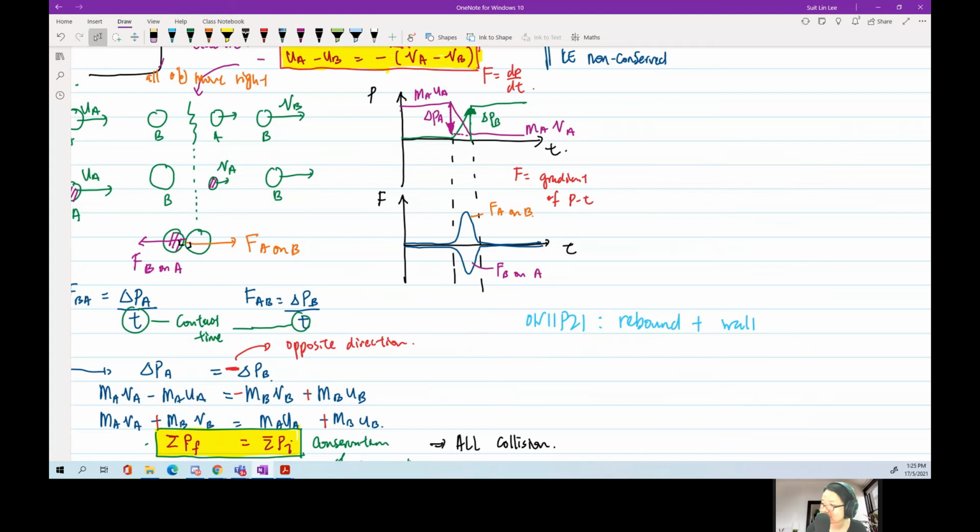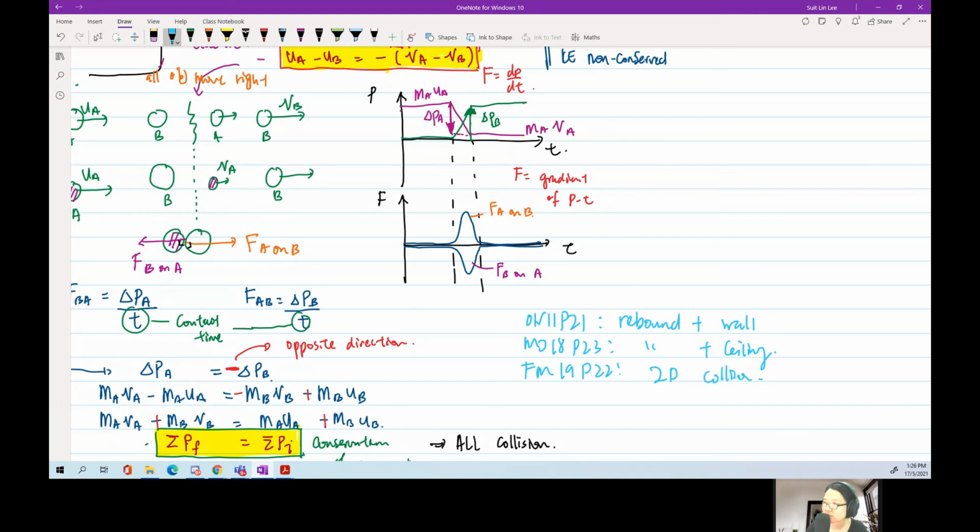Then I actually think that May June 18 paper 2-3 is rebound plus ceiling. FM 19 paper 2-2 is 2D collision.